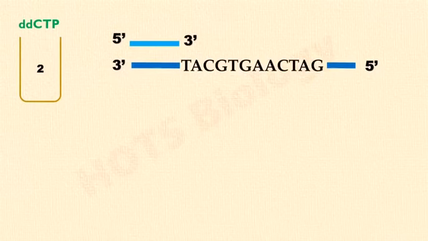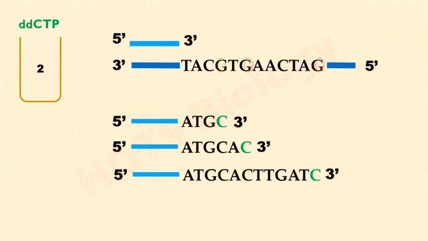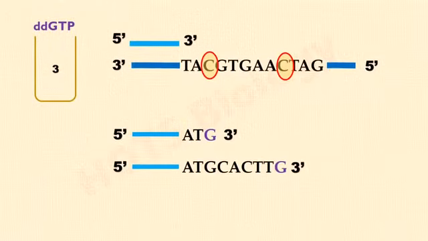Similarly, 3 partial replication products will be produced in the second reaction, where ddCTP will be incorporated occasionally, complementary to guanine residue. In the third reaction, 2 partial replication products are produced.